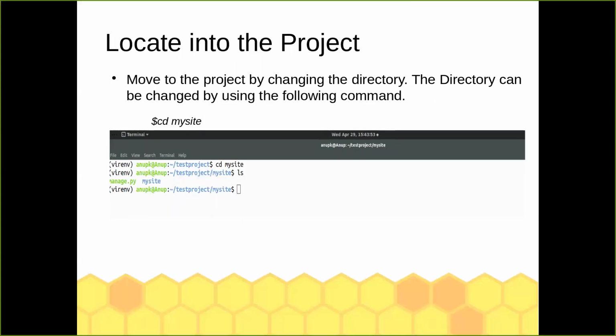Locate into the project. Now move to the project by changing the directory. The directory can be changed by using the following command: cd directory. Here mysite is the directory name which was created in the previous step.